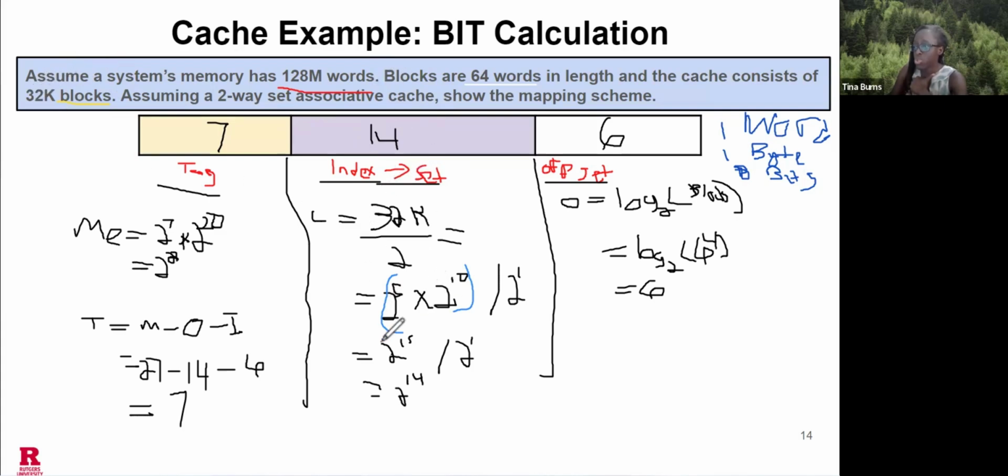We divide that by the associativity, and then now we know the number of bits that are needed to index our sets. And then finally, last but not least, we take all of that and subtract these two items from our memory to get the number of bits that are attributed to the tag portion of our mapping. And that's basically the summary of how we would make those calculations.